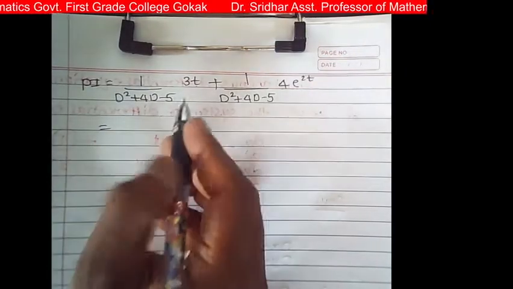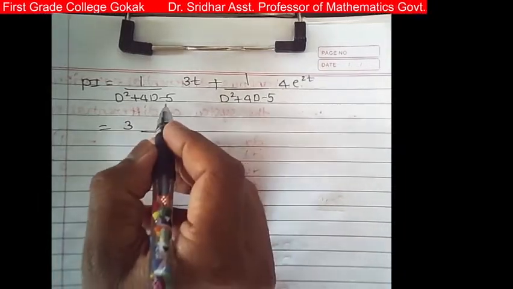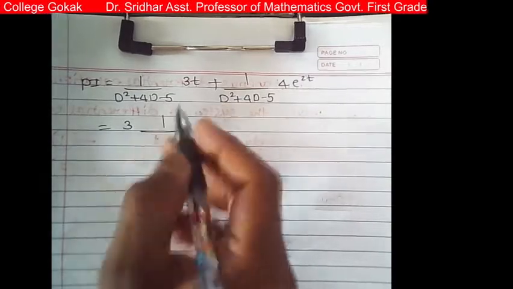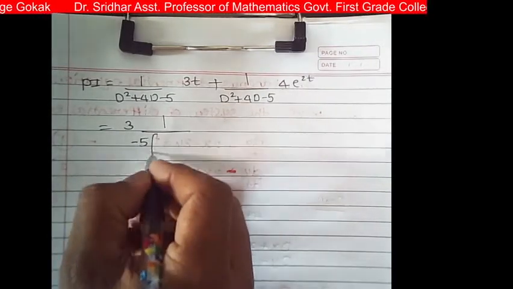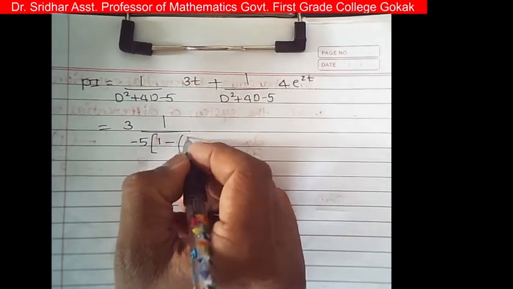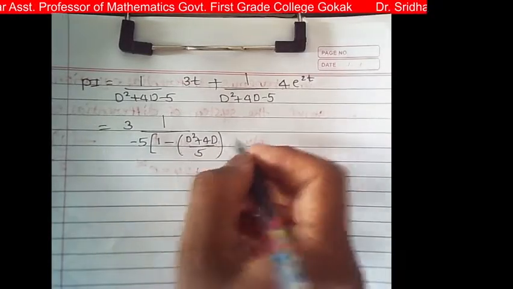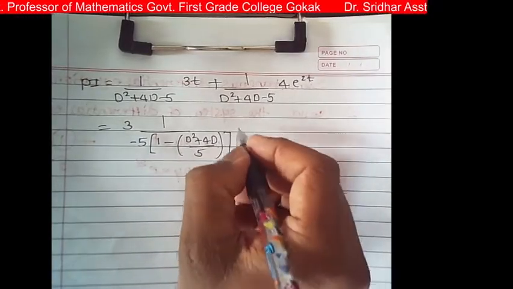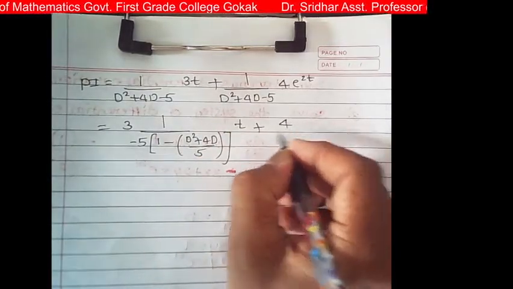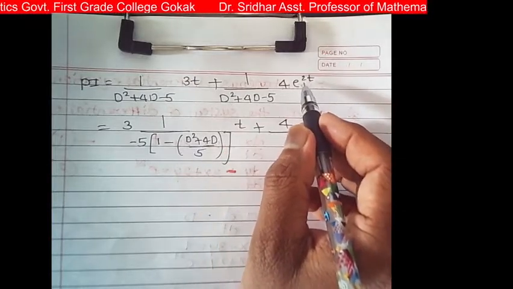So now here, 3 is a constant, you take that out. 1 divided by, here the constant term is taken out. Here the constant is minus 5, so we take minus 5 common from this whole term. So we get 1 minus of D square plus 4D divided by 5, then this is t, then plus 4 divided by, directly apply the rule, D is replaced by a, that is 2.